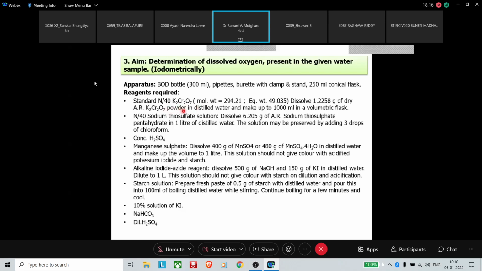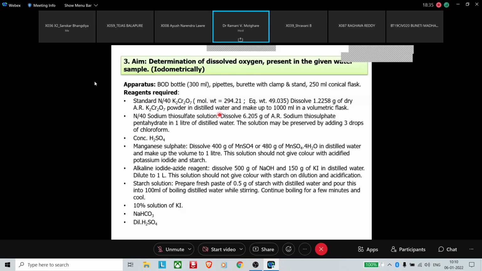Potassium dichromate solution. Potassium dichromate, the molecular weight is 294.21 and its equivalent weight is 49. Why equivalent weight is 49? Because this is chromium which is in plus 3 state. So plus 3 into 2, it is plus 6.